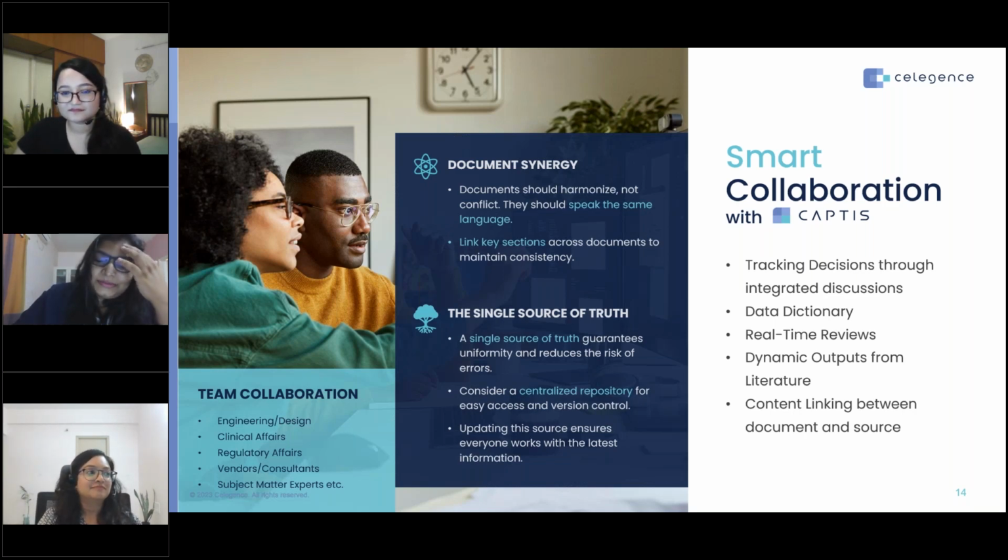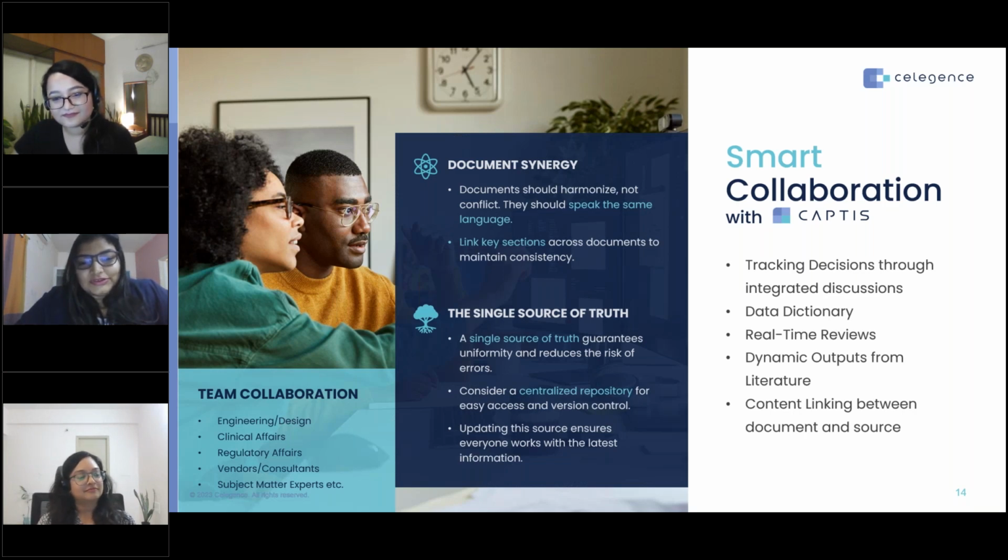I just thought of a very recent example that is very pertinent to the discussion we are having here related to traceability and consistency of information. We were working with a manufacturer that has an ongoing post-market clinical follow-up activity, and they started it a year or two ago, and somewhere down the line it was decided that the frequency of this activity will now be biannual instead of annual.